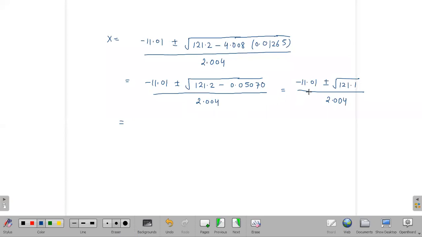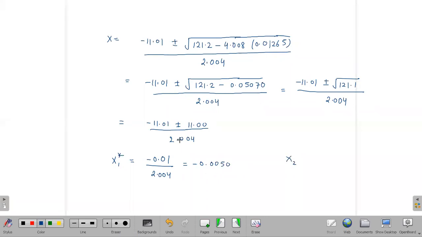So if I take the square root of it, it will be minus 11.01 plus minus 11.00 divided by 2.004. First I will take the plus sign, that will give you x1 star. So it will be minus 0.01 divided by 2.004, okay, so it will be minus 0.0050.